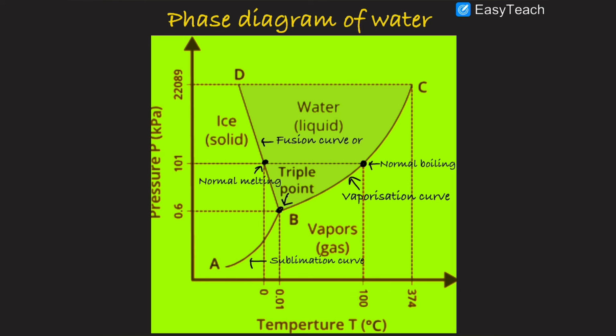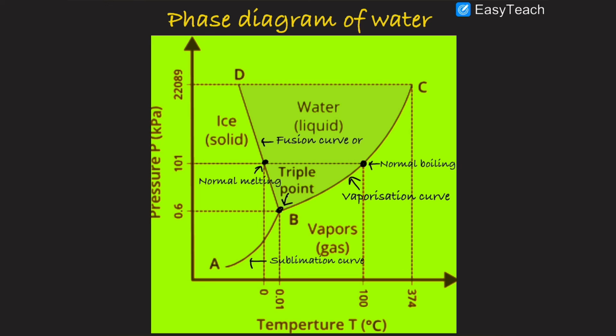This curve is a straight line, and this region is the solid region of water, which is ice, and the region trapped between this curve and this curve is the liquid form of water. And the region trapped between this curve and the x-axis is the vapor form of water, which is steam.